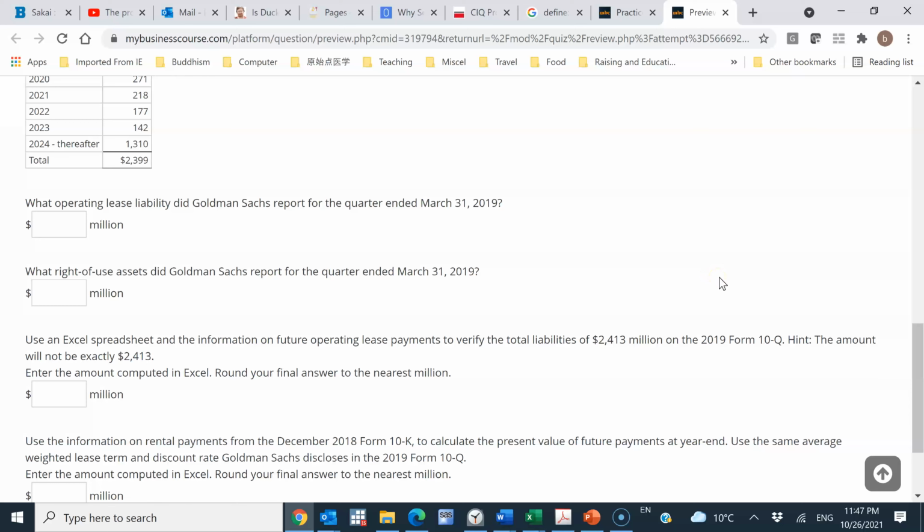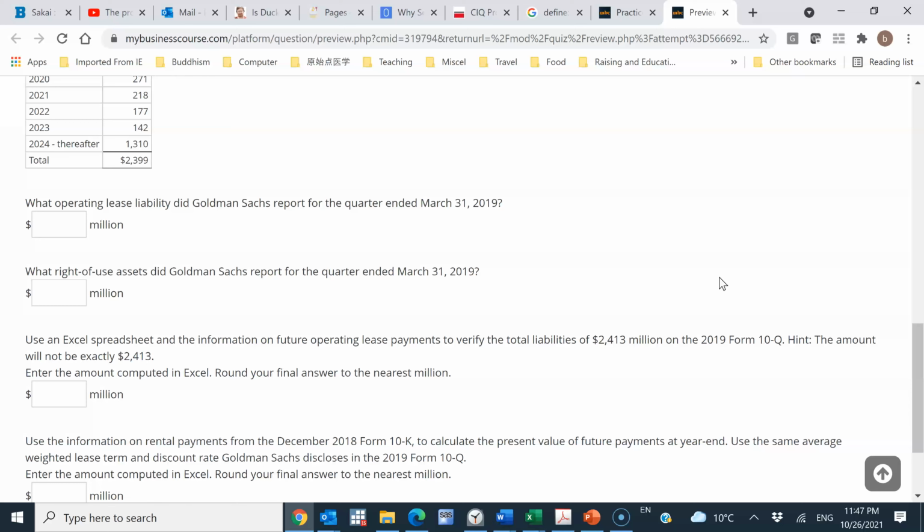We know that based on what we learned in this module, the lease liability should be calculated as the present value of all future lease payments, and that will be reflected as the liability on the right-hand side of the balance sheet.